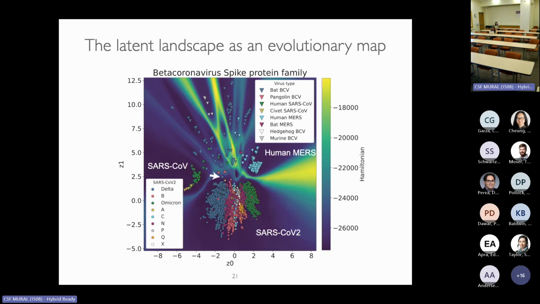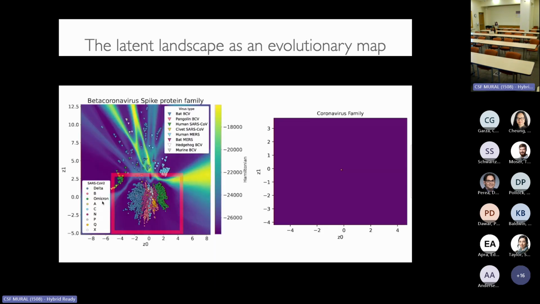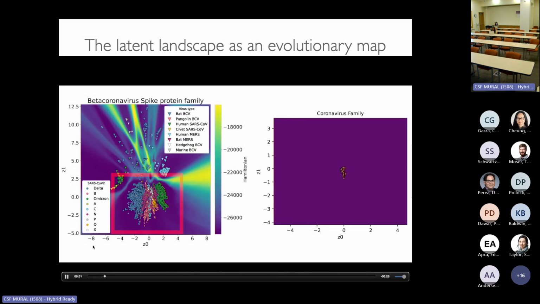And we look at all the different variants, and we can see the progression, how one variant is all clustered together, and then suddenly new variants start appearing, and they start forming their own slightly different clusters.